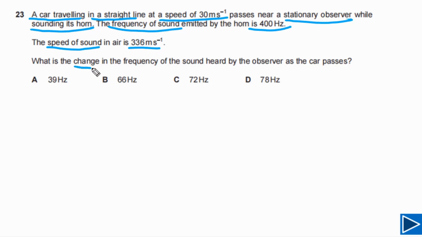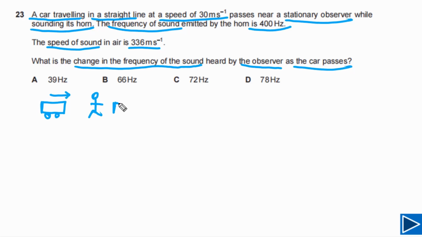We need to find out the change in the frequency of the sound heard by the observer as the car passes. It simply means that the car is approaching the observer first of all. So this is the first case. The car is approaching the observer, and then the car is moving away from the observer. In this case, we need to find out the change in frequency.